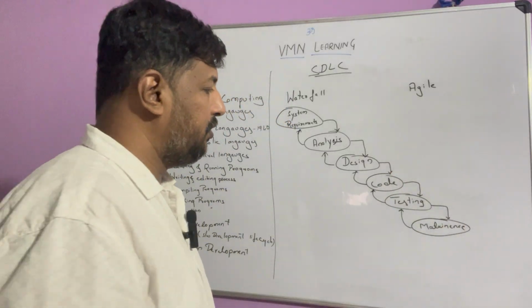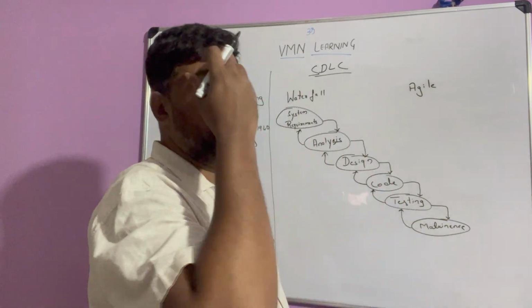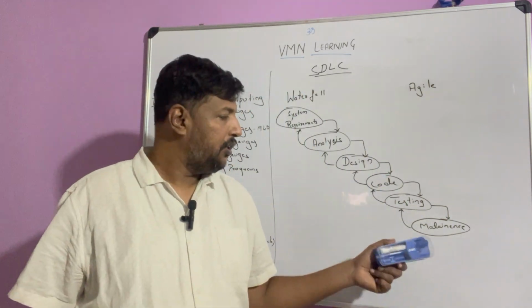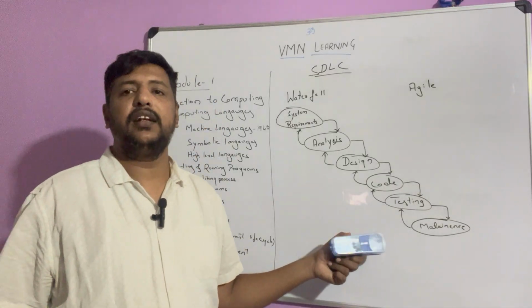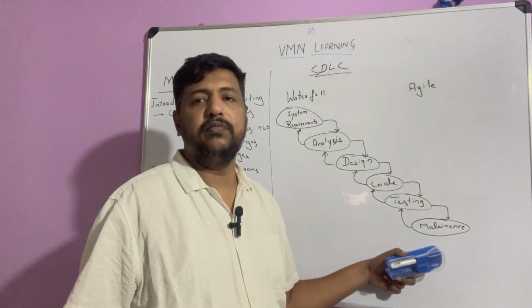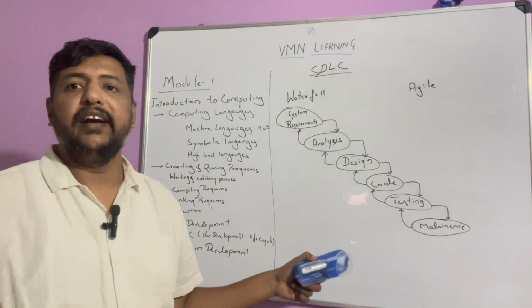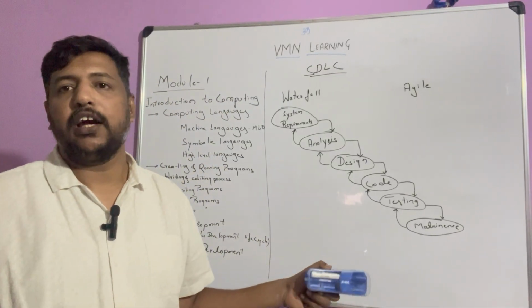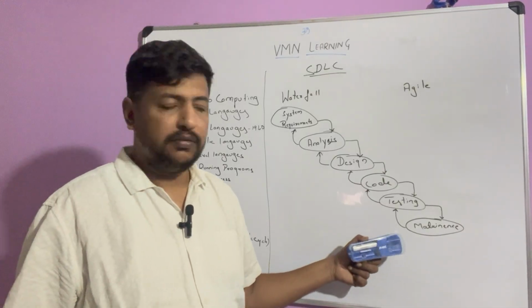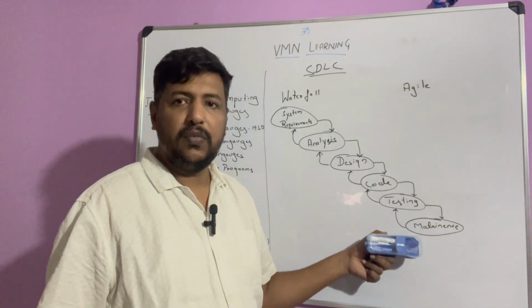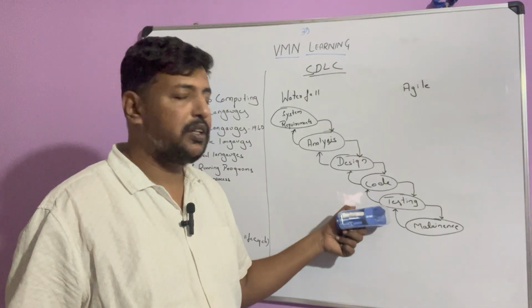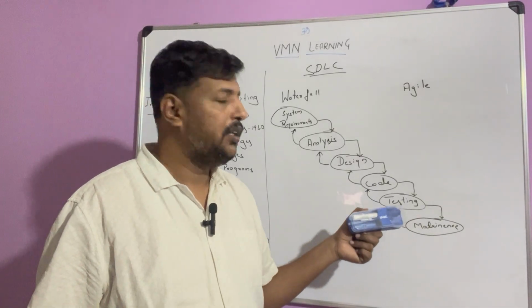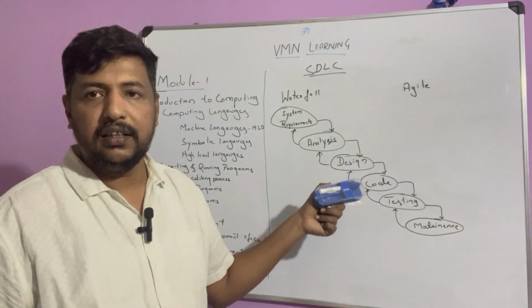For example, in maintenance, we may find that a decimal point calculation was giving an error. Post production, we go back to testing. If we find the same bug, we go back to coding again.